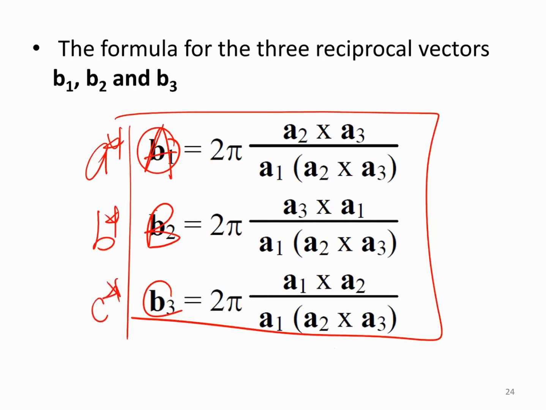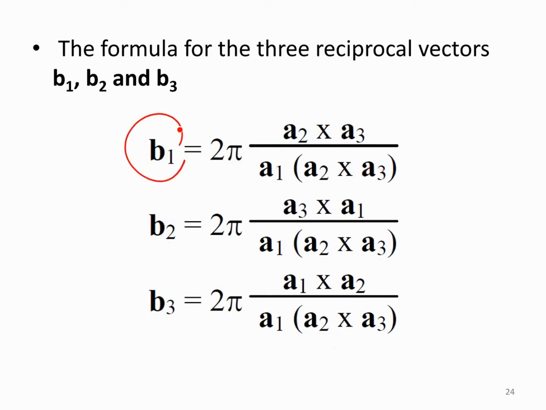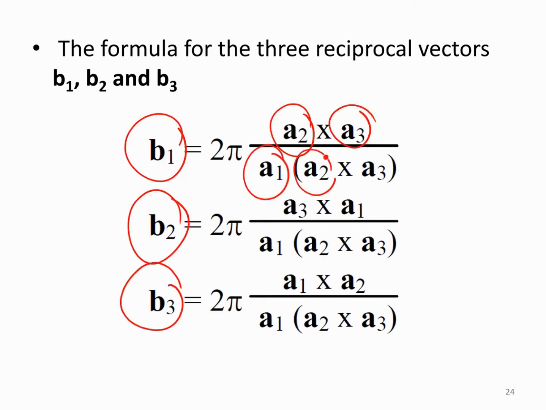If you still remember, in the last chapter we studied that a* equals 2 pi times a2 cross product with a3 over a1 dot product with a2 cross product with a3, and then it's the same for the others. Okay, so this is reciprocal a, reciprocal b, reciprocal c, in terms of real a, real b, real c. Remember that equation.